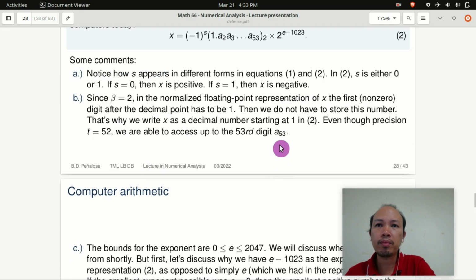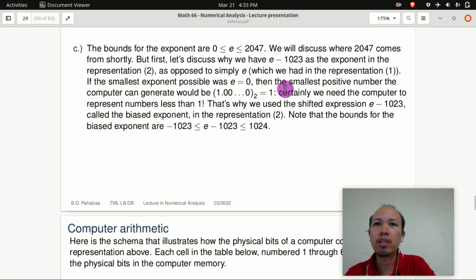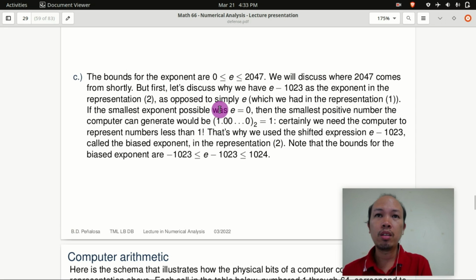But first, let's discuss why we have e minus 1023 as the exponent in the representation in base 2, as opposed to simply e, as I've said before.